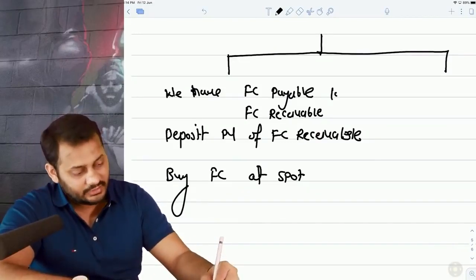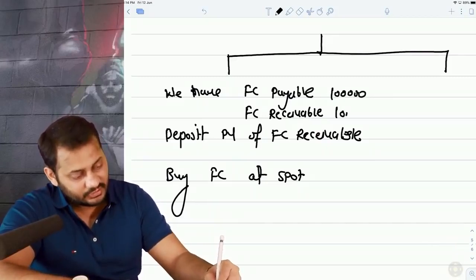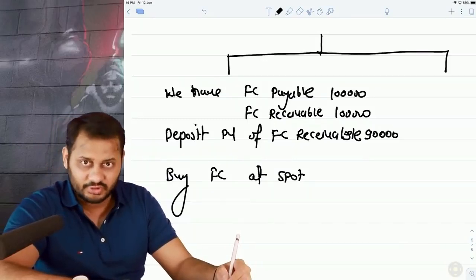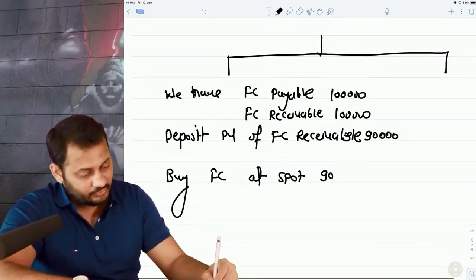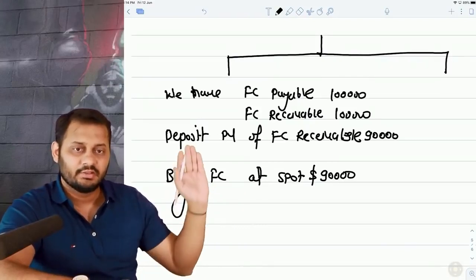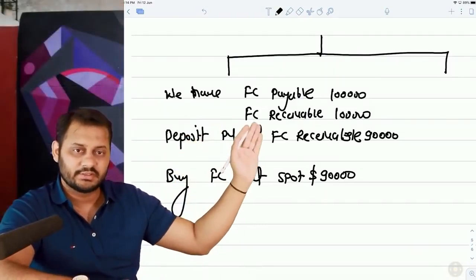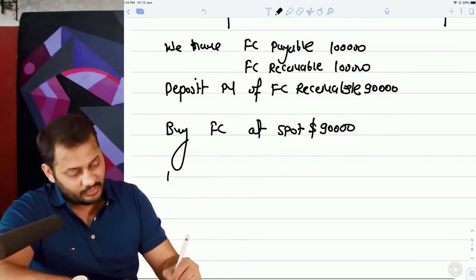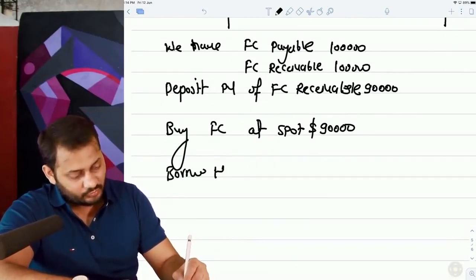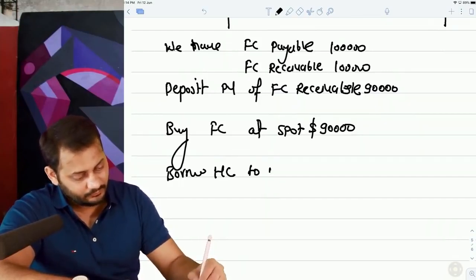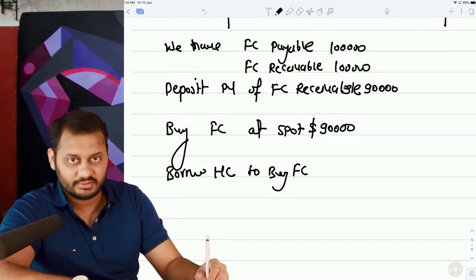So let's say $1 lakh is there. $1 lakh has to be created, and for that $90,000 has to be deposited. So we need to buy $90,000 today. We will buy the dollars, deposit this dollar, it will become receivable, which will be settled with payable. Then in order to buy the dollars, we need to borrow home currency to buy foreign currency.